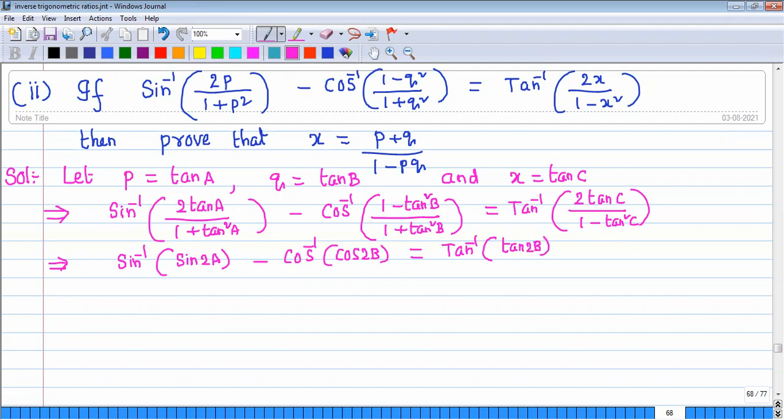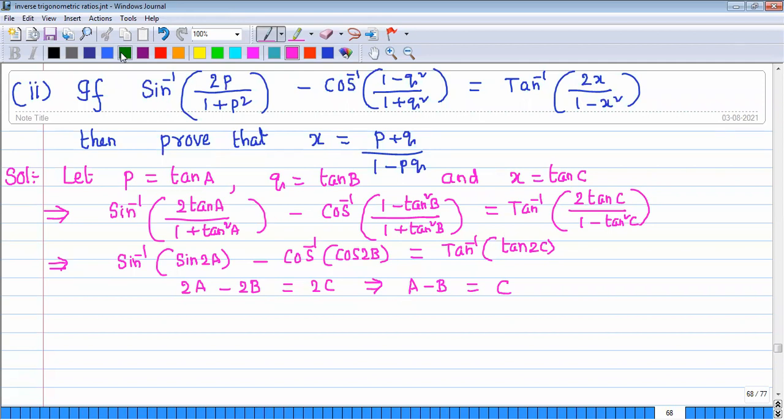So this is 2A minus 2B equals 2C. Sorry, absolutely sorry, this is tan 2C. So divide both sides by 2. You get A minus B equal to C.